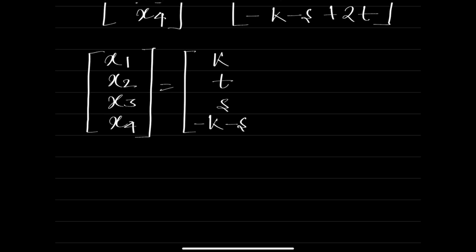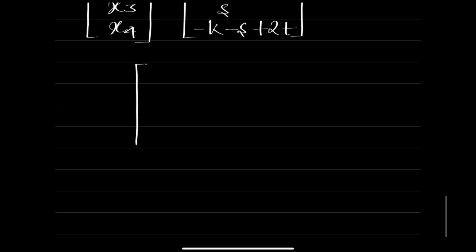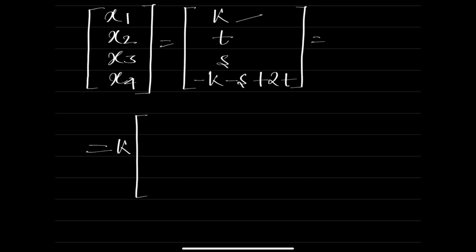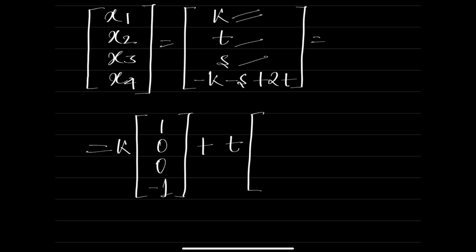For k, we have 1, and no k in the second and third entries, so 0, 0, and here minus 1. For t, no t, so 0, 1, 0, and here we have 2.